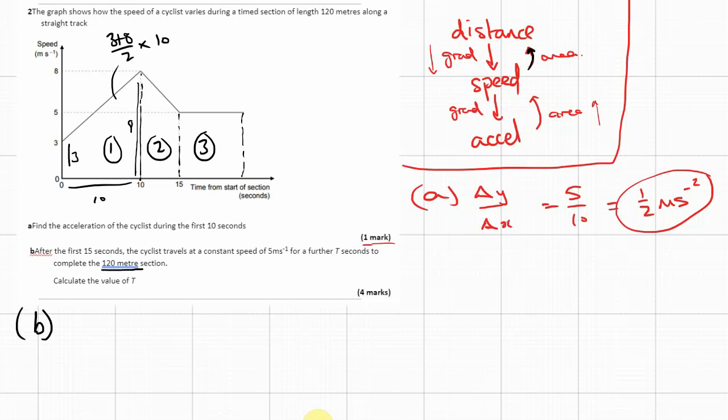When I do that, in red, I get 55. So I'm going to write down 55, because I'm going to do 1 plus 2 plus 3, and that should equal 120. So I found the area of 1 being that.